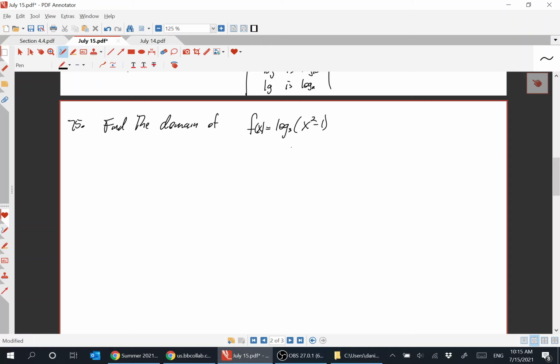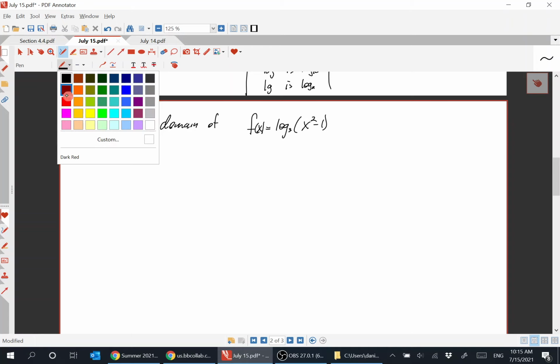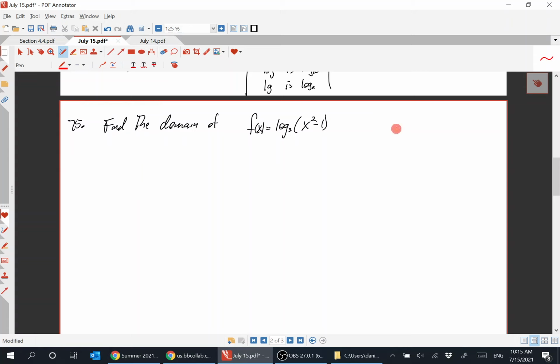Okay, remember the log function, any log function, its graph looks like this. And this is 1 here. So this is y is log base b of x. So the domain of any basic log function, log base b of x, is the interval from 0 to plus infinity, not including the 0. Right?